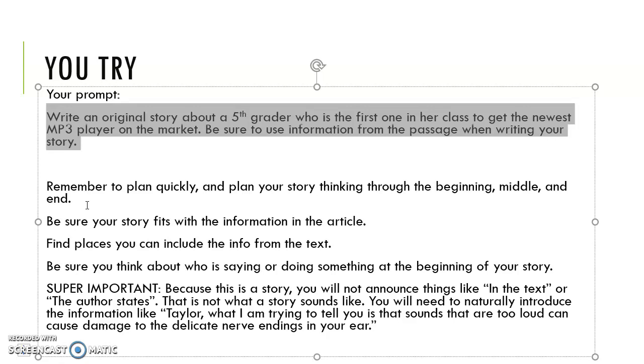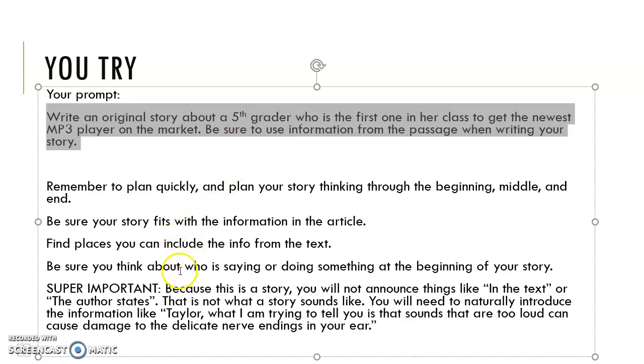I want you to make sure that you think of places in your story where you can fit in some little facts and tidbits from the text High Volume. And I want you to think about who is saying or doing something at the beginning of your story. How are you going to start off your story to really introduce who are the characters in your story? And what's the setting of your story going to be?